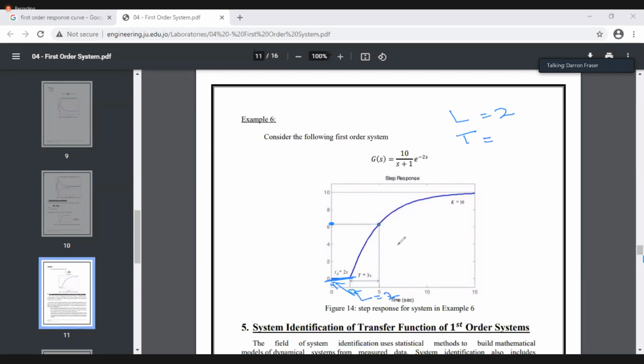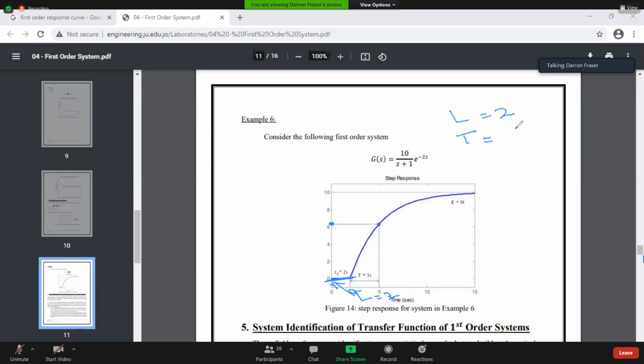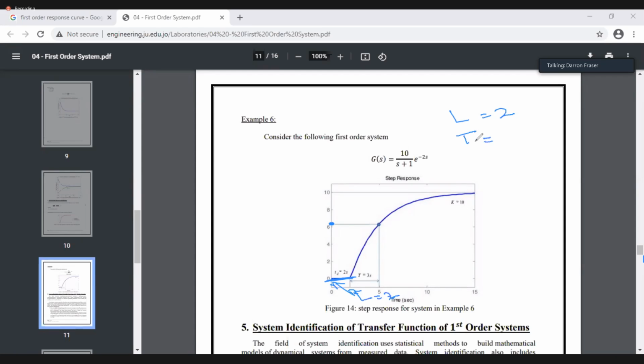But in this particular case, the line of steepest slope would be here. Yeah, because that was given. Perhaps we should have found 63% of the 10, which would have been 6.3. So maybe we go back and use the 6.3. All right. So T now would be 3, and K would be equal to 10.